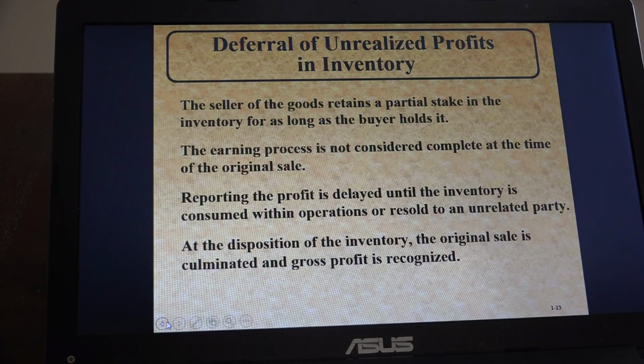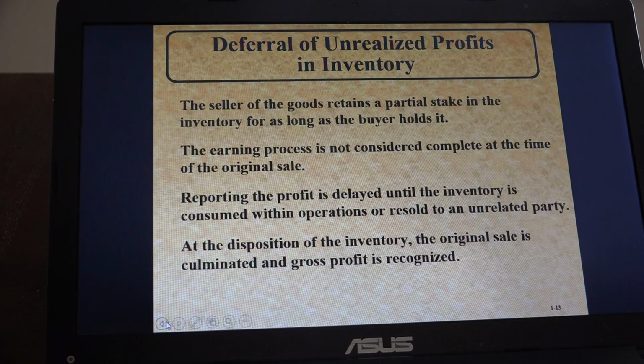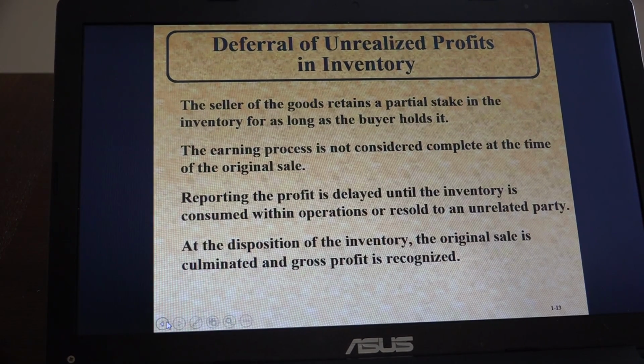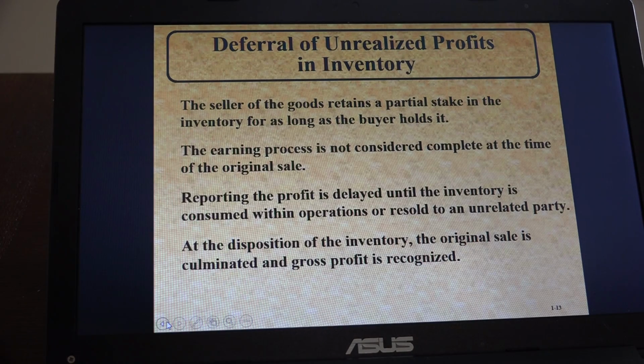And so here, Major company again owns 40% of Miner. Miner sells merchandise costing $40,000 to Major for $60,000. So there's a built-in profit of 1/3, 33 1/3%. At the end of the fiscal period, Major still retains 15,000 of those goods.